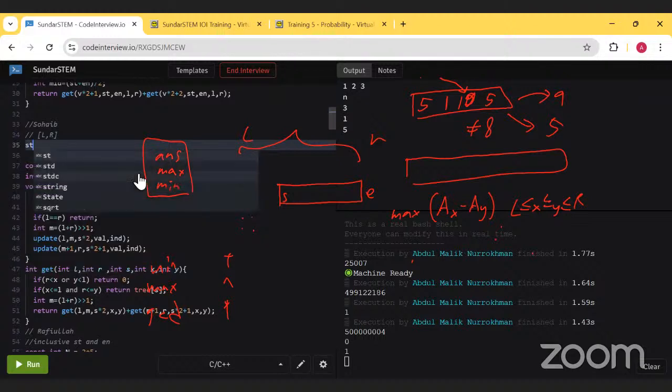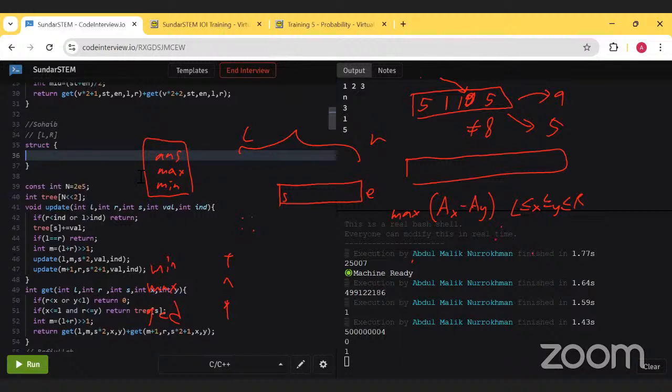Sometimes we have to use struct here. Let's say struct segment. The value is ans, max, and min.